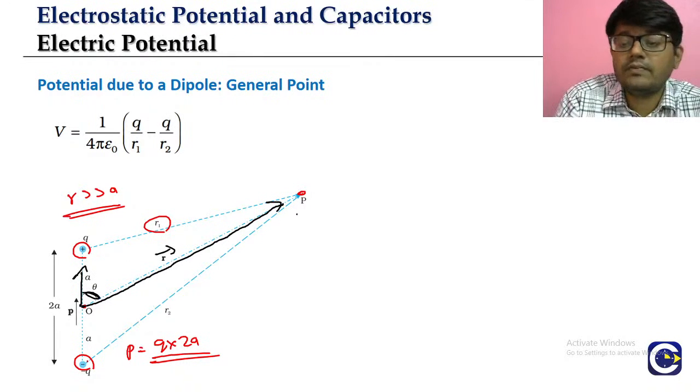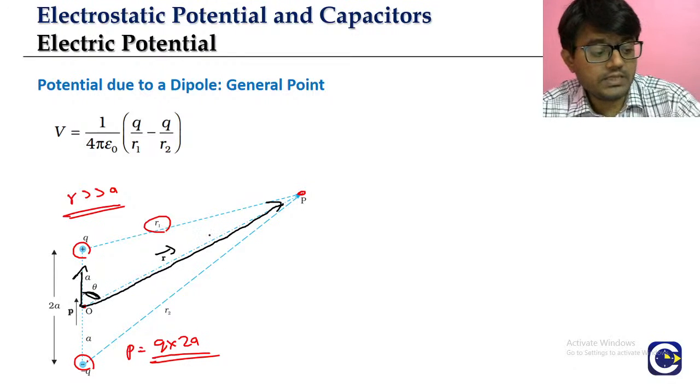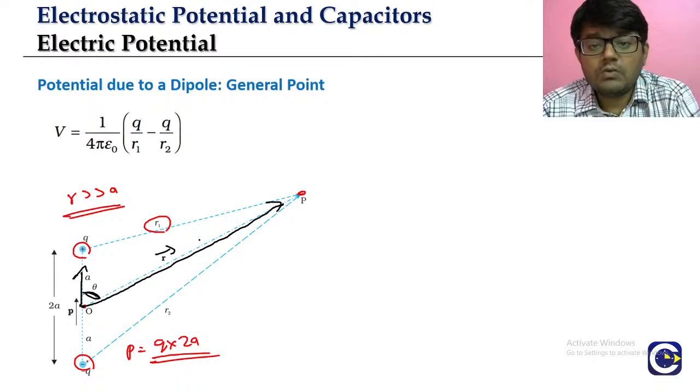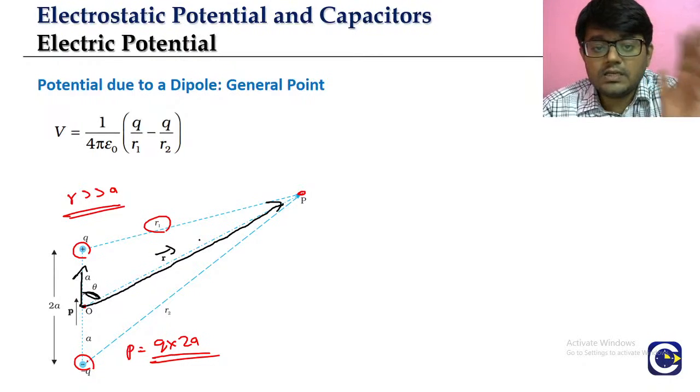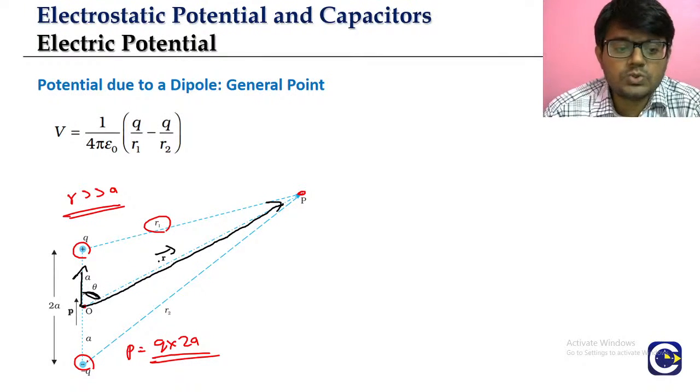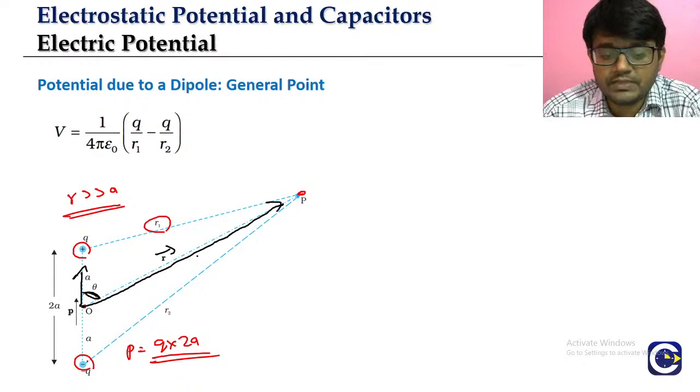So generally, whenever we talk about a general point with respect to a dipole, we talk about the distance from the center of the dipole, and theta is the angle between the dipole moment vector and the position vector of the point.